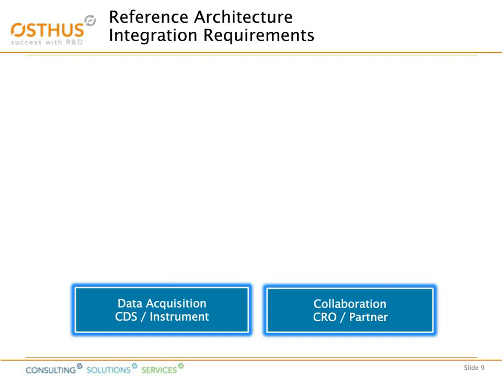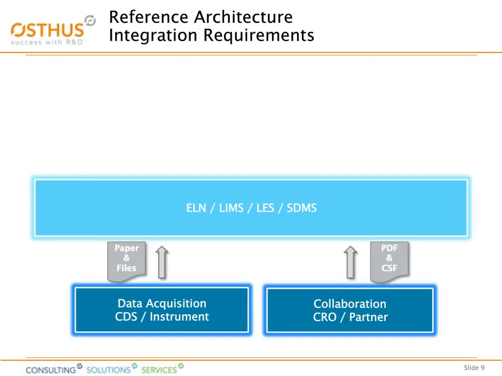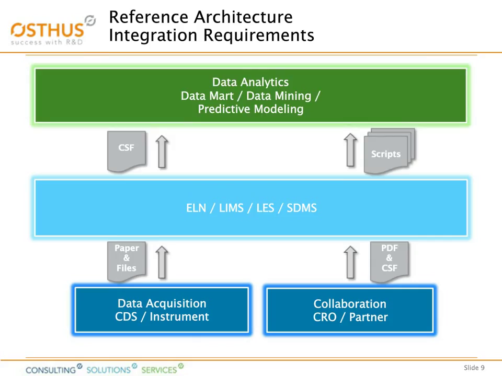There may be systems where this data is gathered and imported, either ELN, LIMS, LES, or SDMS systems. Later on, the data is exported again from there onto systems used for data analytics, data marts, data mining, predictive modeling, and simulation.